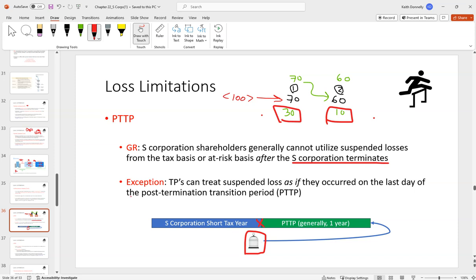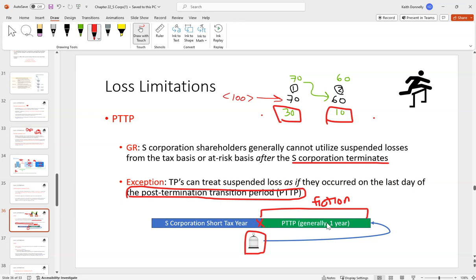However, we have this post-termination transition period, which basically says we're going to create a fiction. It's generally 1 year, the greater of your filing date or 1 year, but let's just keep it 1 year.